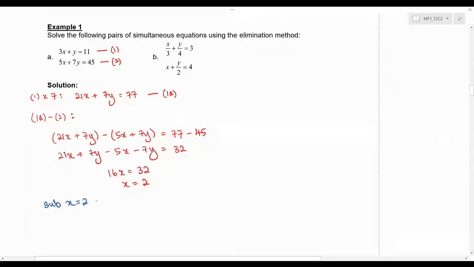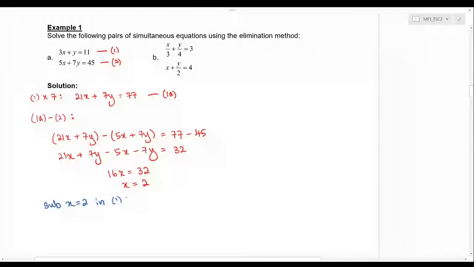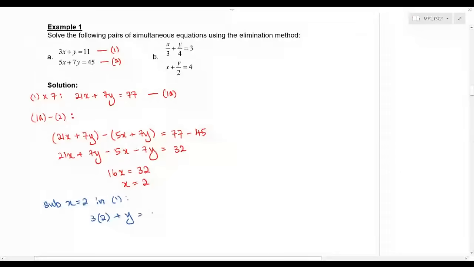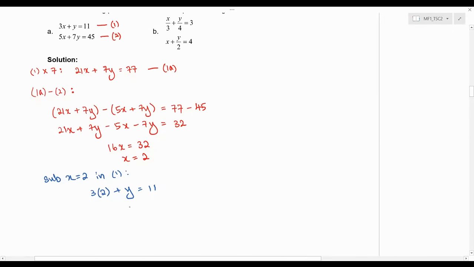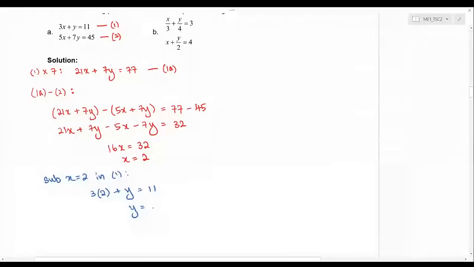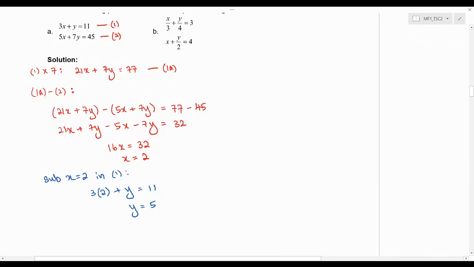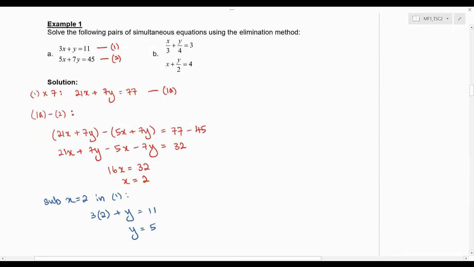So substitute x equals 2 into equation 1, then it'll be 3 times 2 plus y equals 11. I know that 3 times 2 is 6, subtract both sides by 6, and my y has to be 5. So my x is 2, y is 5. Done.